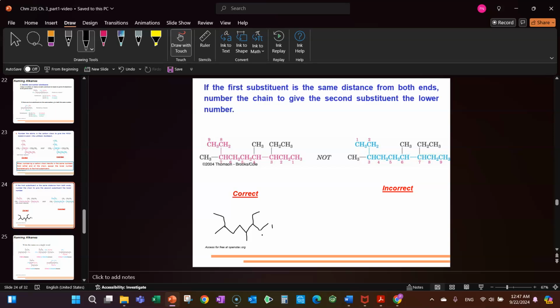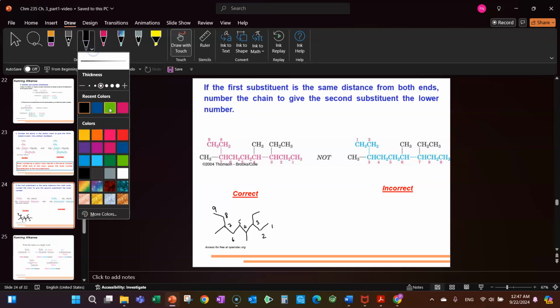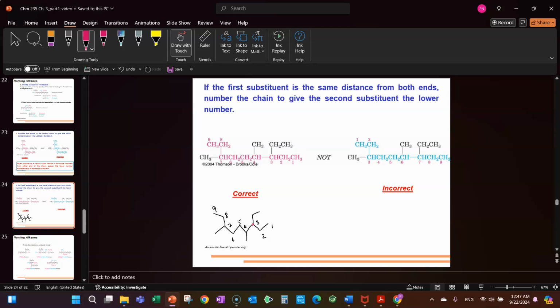So we have 1, 2, 3, then we have 4, 5, 6, 7, 8, 9. Okay, that's how we have numbered it. So we have substituents at the third position, right? See, substituents at the third position, at the fourth position, and the seventh position.